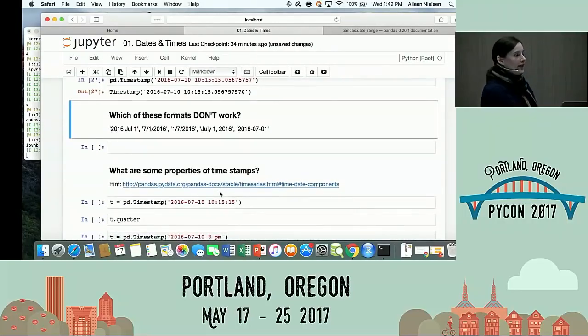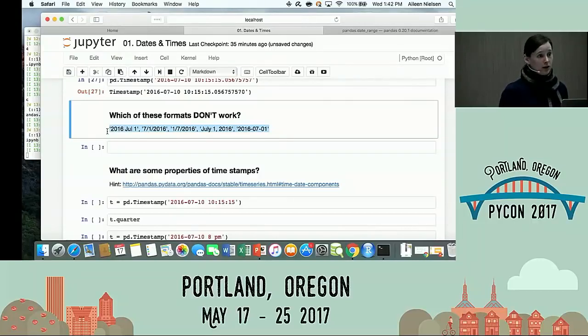Okay. Now, I don't know if we've got any non-Americans in the room. Maybe? Okay. So you guys will be especially interested in what's going on with these strings here. Pandas is very forgiving, in that you can pass it all sorts of things that feel intuitive to a human, talking about the day, and it will process them.